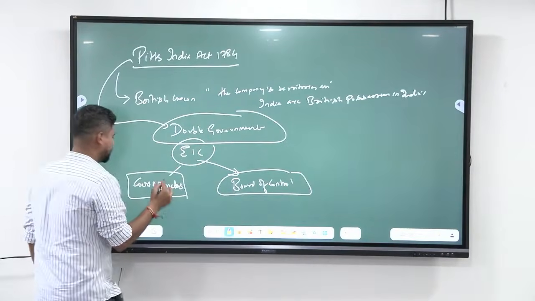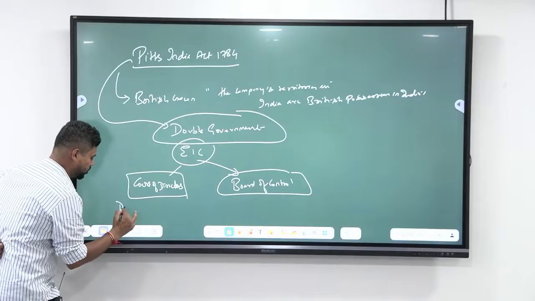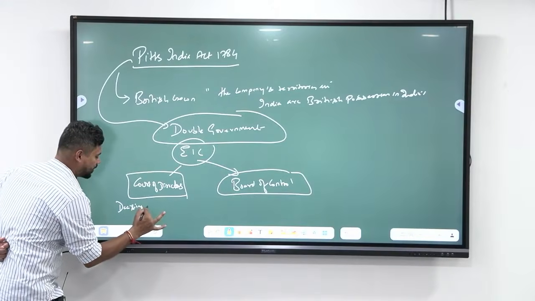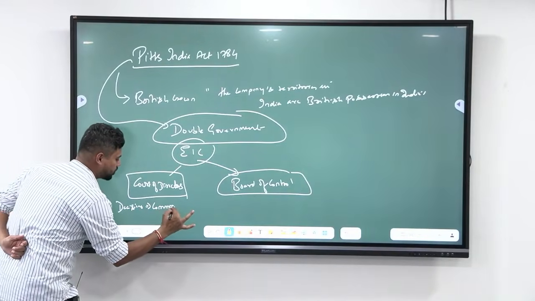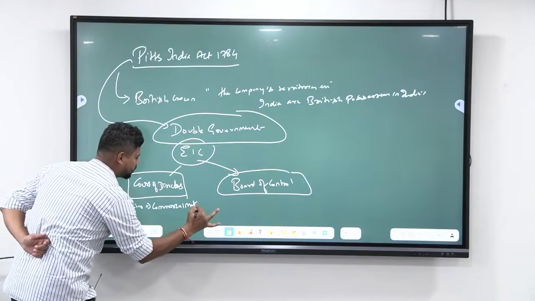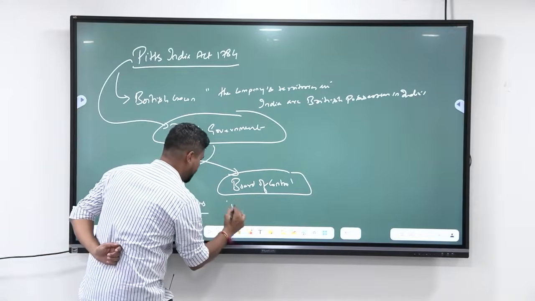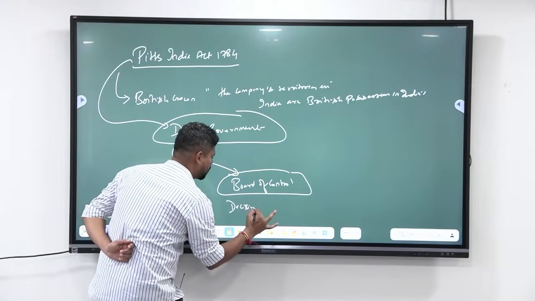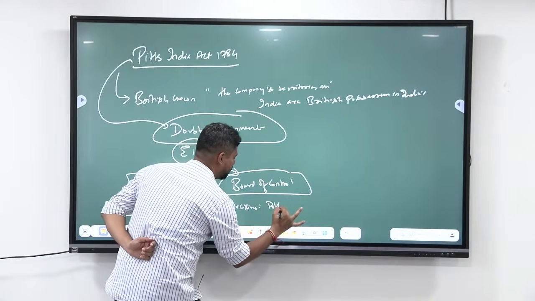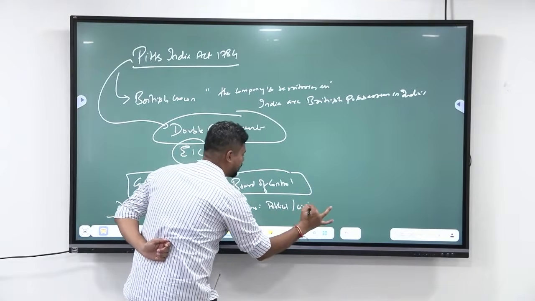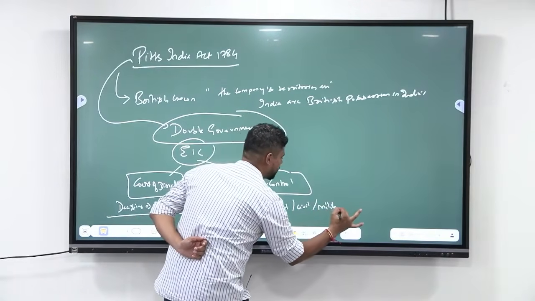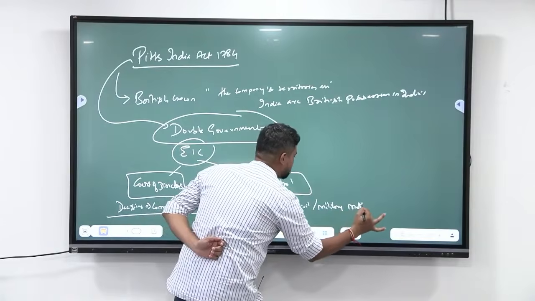Now they say court of directors are in charge of making decisions that deal with commercial matters. For board of control, they are in charge of making decisions that mainly deal with political, civil and military matters. And look at this.